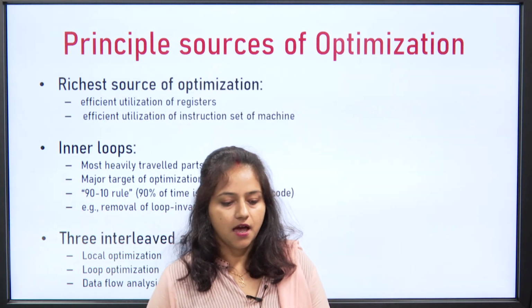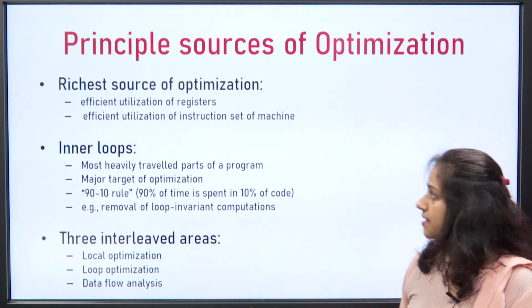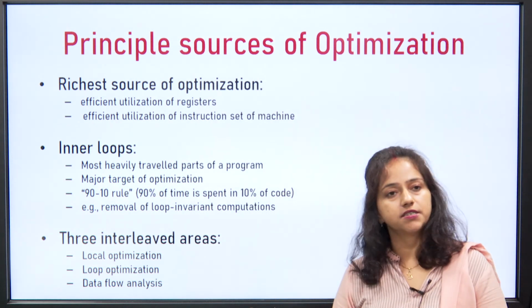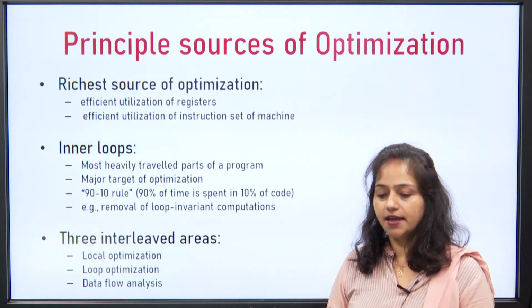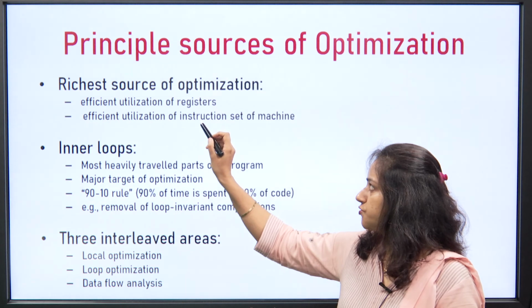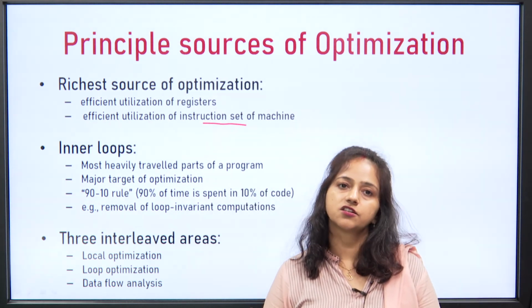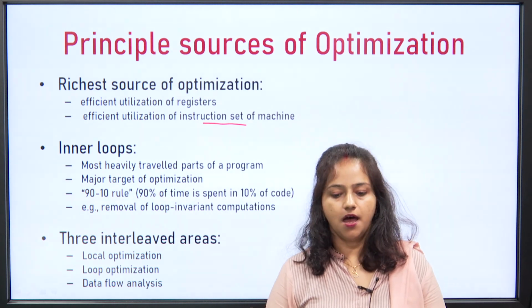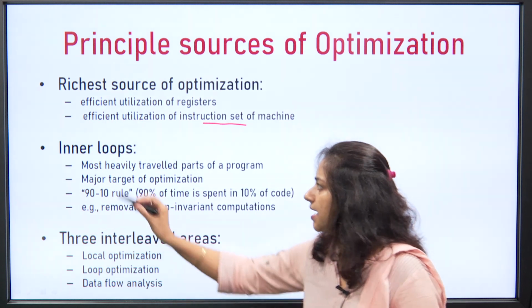Next, the richest source of optimization is efficient utilization of registers, meaning registers should be efficiently utilized, and second, efficient utilization of the instruction set of machines. Apart from this, another most important part is the inner loop.